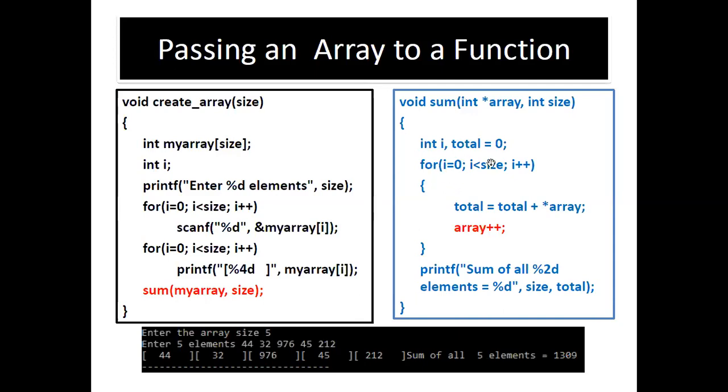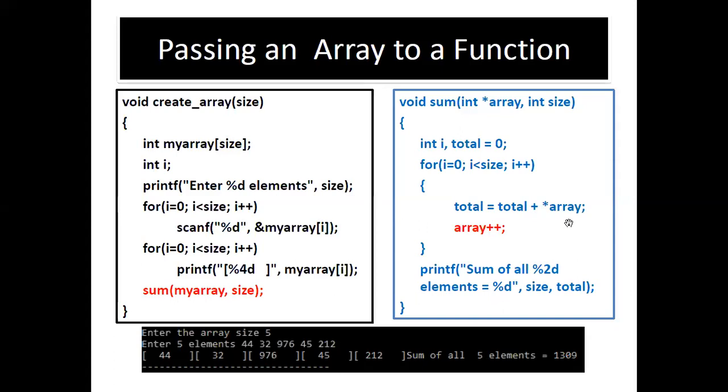So we have taken total as 0, and we are going to add the elements from the 0th index to size index less 1. So 0, 1, 2, 3 if it is 4 as size, and 0, 1, 2, 3, 4 if size is 5. So in this example which is shown on your screen, it is 5. So total is equal to total plus value at address of array.